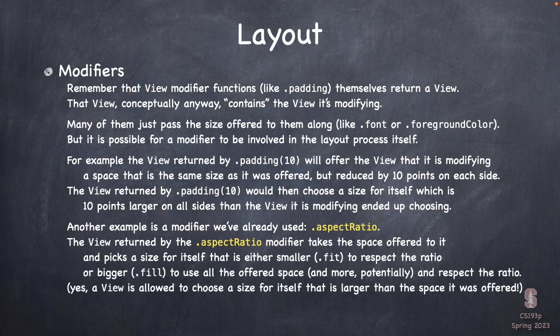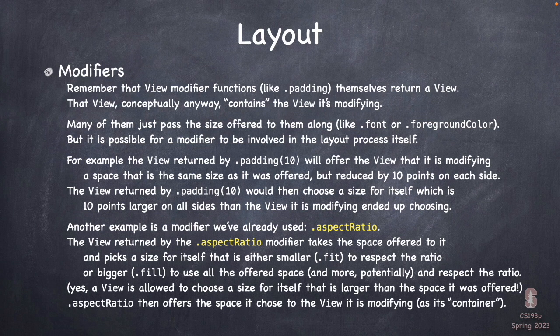That's the dot fill option. So that's the difference between dot fit and dot fill. And once it's done that, it's going to offer that space to the thing inside, and whatever that thing picks, it's kind of centered in a view that is the right aspect ratio. So aspect ratio and padding, these view modifiers, they act a lot like V-stacks and H-stacks and things like that. They do this layout dance themselves.